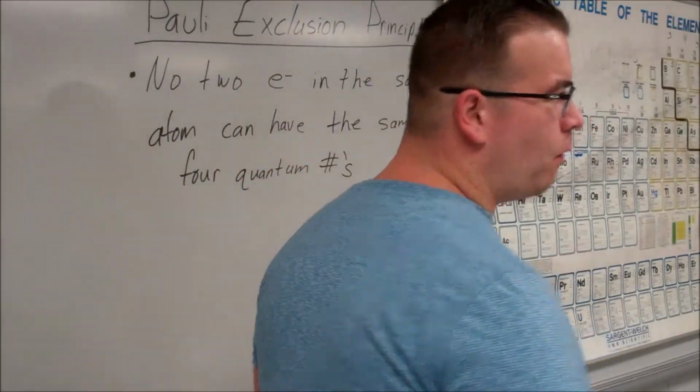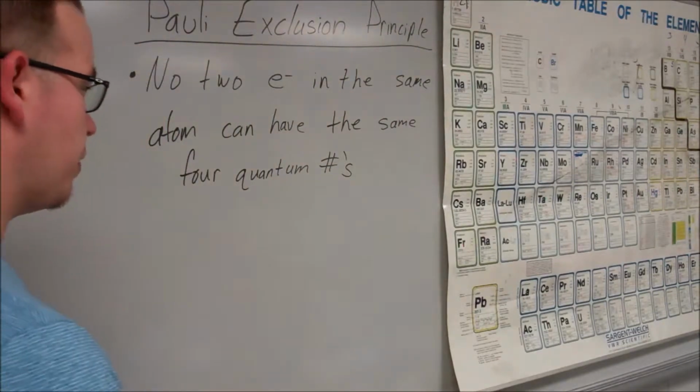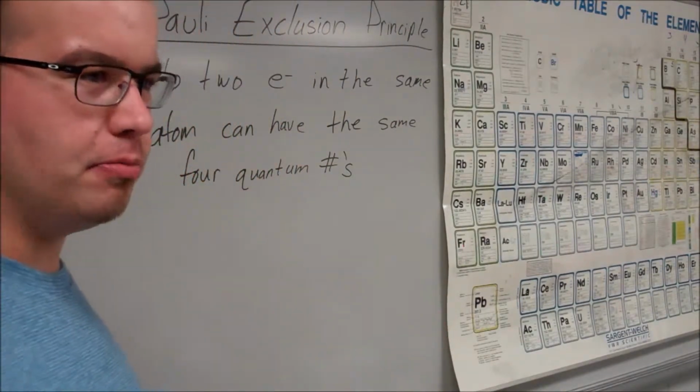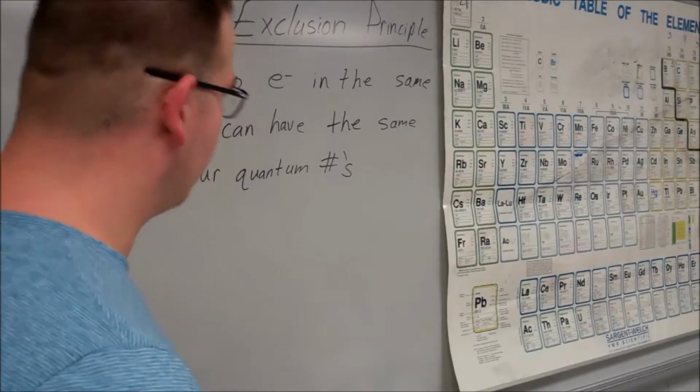So go back to what I've said before. We're doing configurations before we do the quantum numbers. It helps. I don't know why, but it helps. Okay?